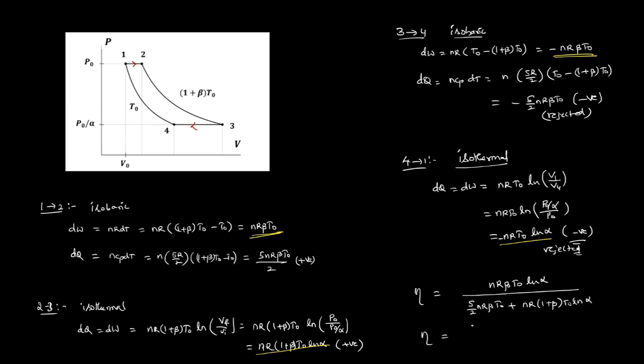If I cancel nR beta T naught everywhere, then I'll get ln alpha by 5 by 2 plus 1 plus beta by beta into ln alpha. So finally this is the efficiency I got: ln alpha by 5 by 2 plus 1 plus beta by beta into ln alpha.